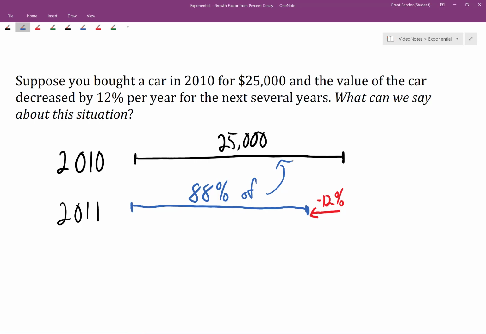If the value of the car in 2011 is 88% of the value of the car in 2010, then the value of the car in 2011 is 0.88 times as large as the value in 2010. And therefore, the value of this car in 2011 is 0.88 times 25,000, which is equal to 22,000.